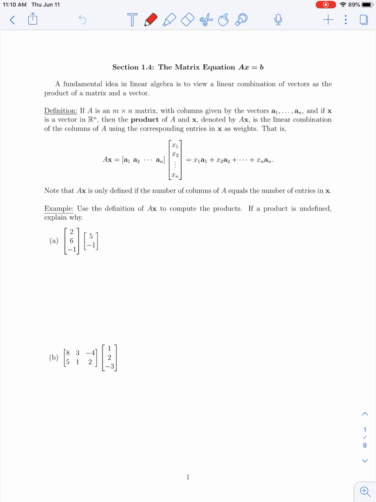So here, if A is an M by N matrix, M rows by N columns, and the columns of this matrix are given by the vectors A1, A2, up through AN.